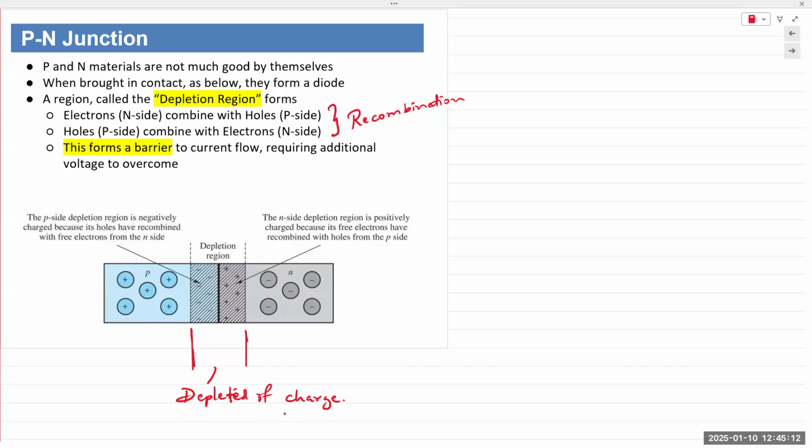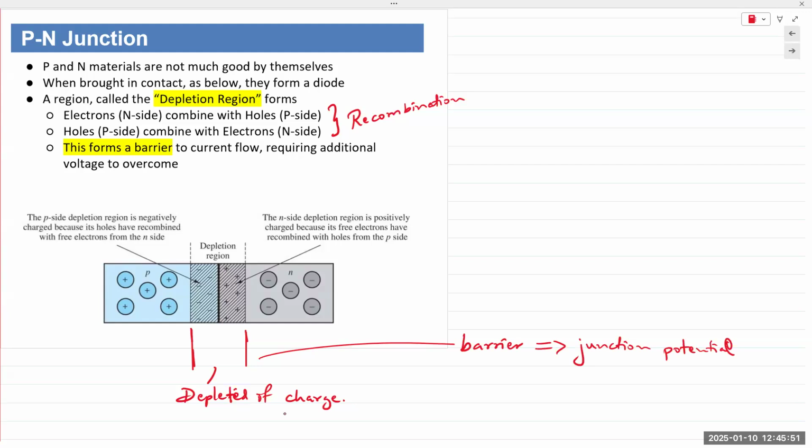That is defined as the built-in junction potential. This is a barrier which needs to be overcome, and it's kind of like a material property.